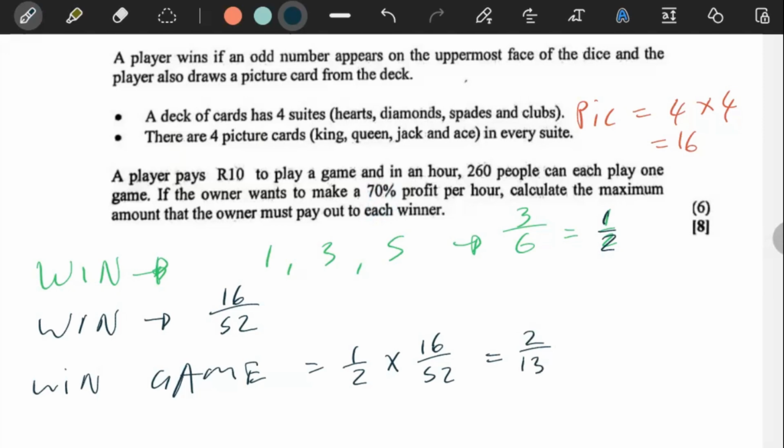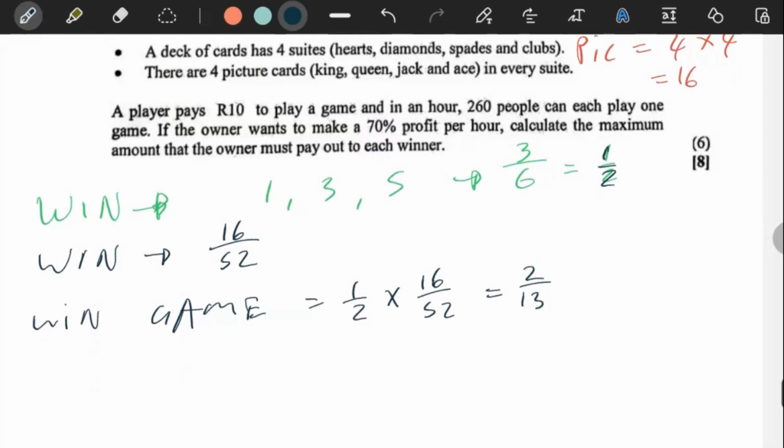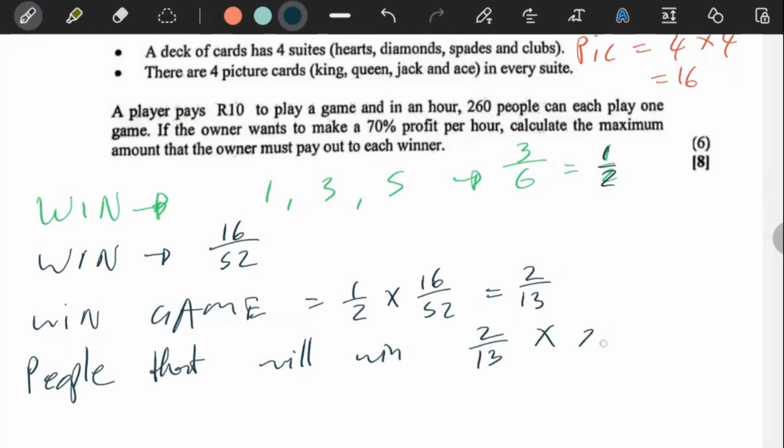So before we worry too much about the cost and all that, it means that the people that will win, it's technically 2 out of 13 of the 260. So this means that out of the 260, we're going to have a total of 40 winners.